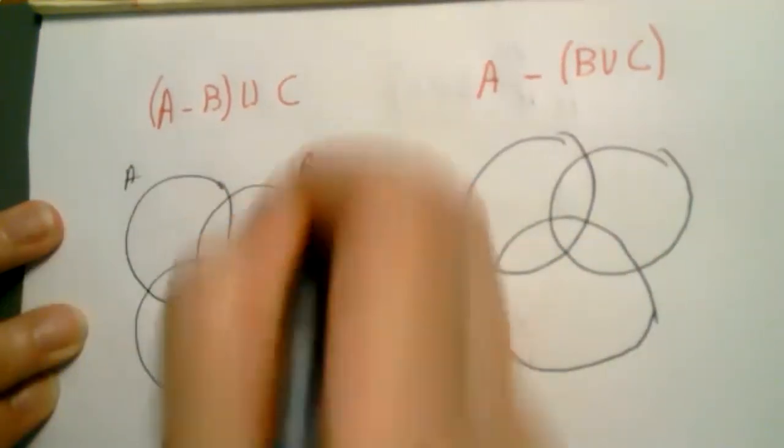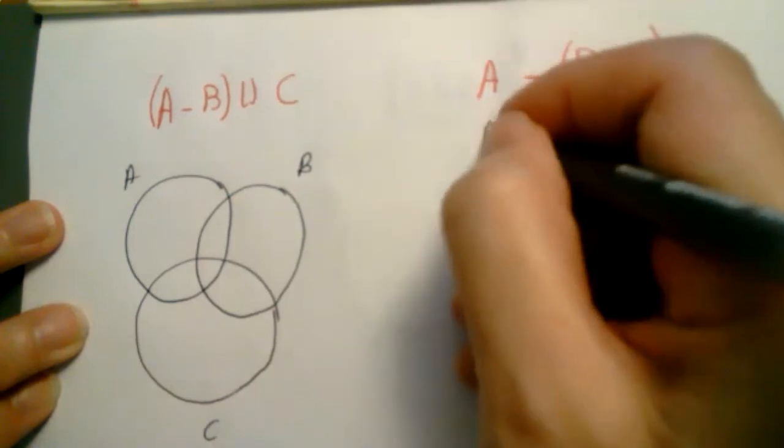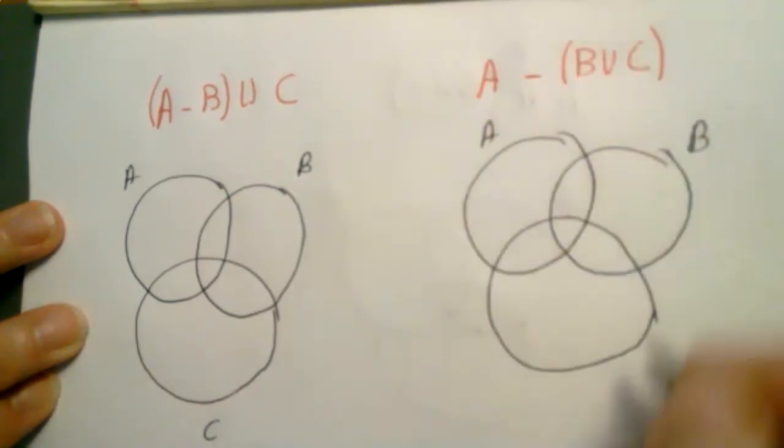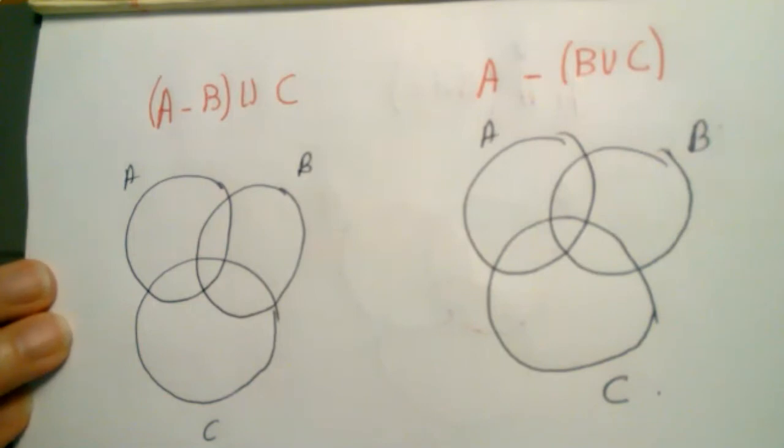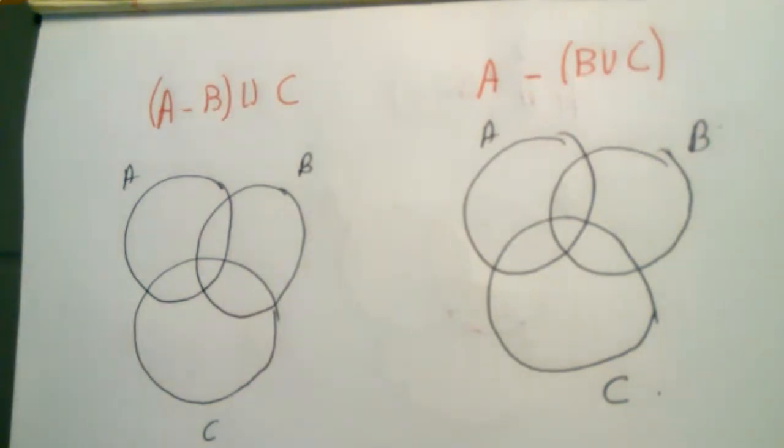I'm gonna shade either one. So the idea is, can I move parentheses? Can I really play around? Okay, I give you 2 minutes to look it over and tell me, are they the same, yes or not? Can we play with parentheses?